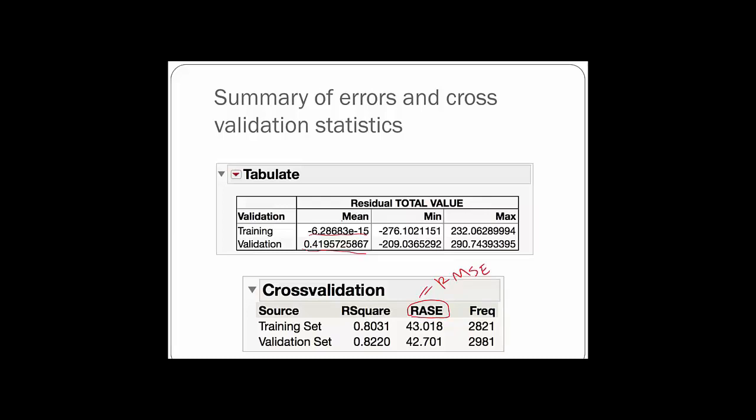Now, the mean residuals we would expect to be very small, and that's not necessarily a good measure of the variation or the error. Instead, in the cross-validation section here, we see the root mean square error, and we'll talk more about that later on. But these things are fairly close to each other, which suggests that our model is not necessarily overfit.